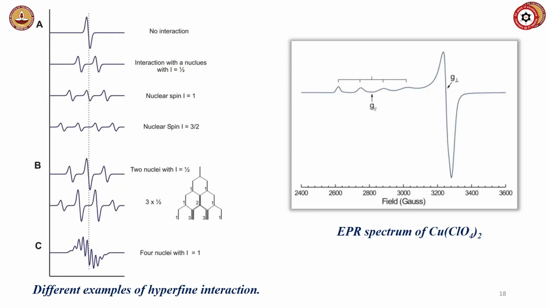Then you see for the copper ions, if I have no coupling with anyone, I get one signal for a free electron.